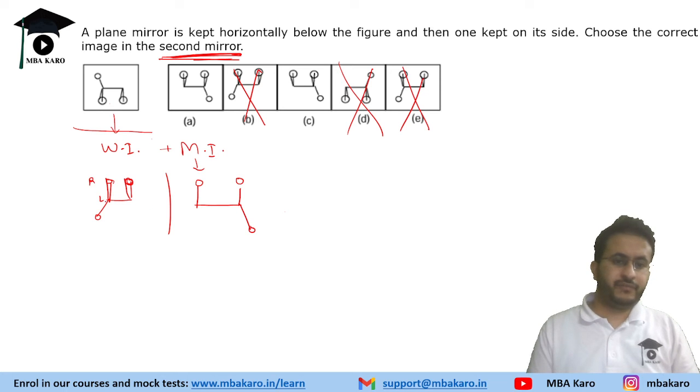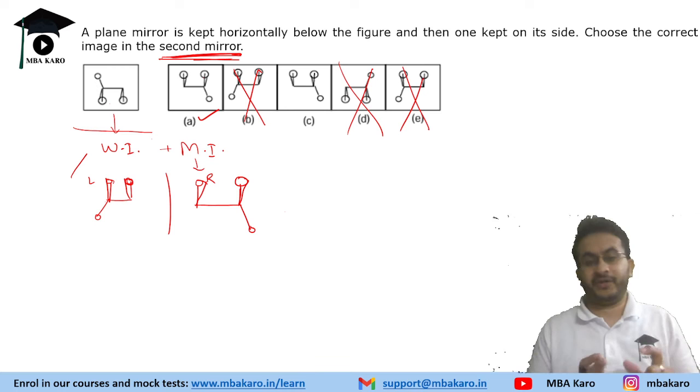It was slanting here, and now it will be slanting in this position. It was going to the left side, now it will go to the right side like this. So the lines would appear like this, to the right hand side. That is option A. So that is the answer.